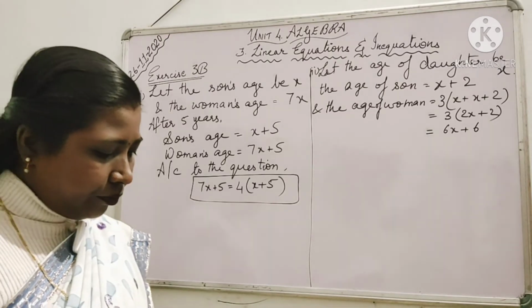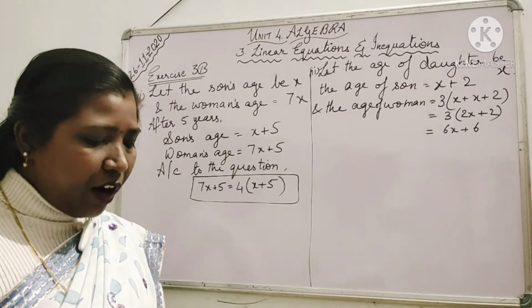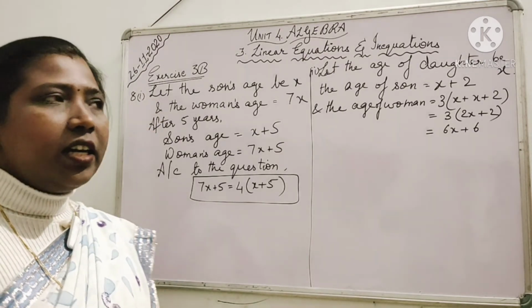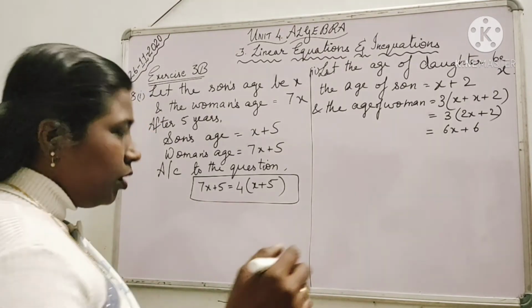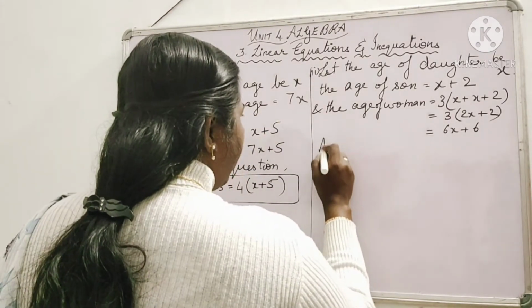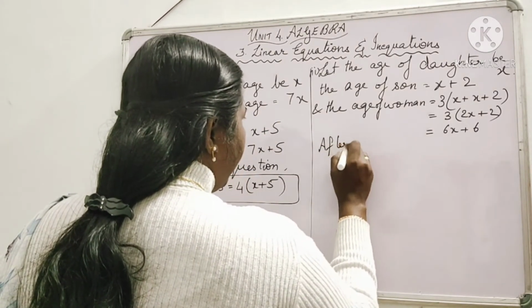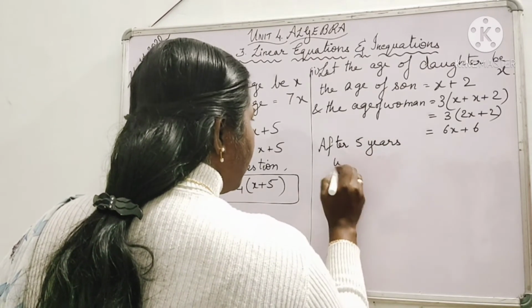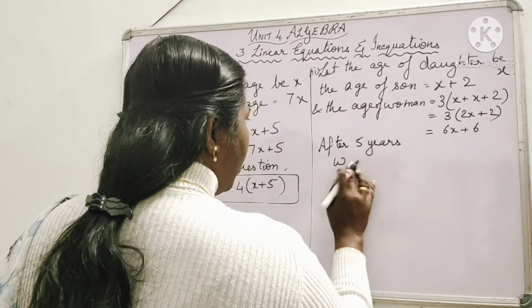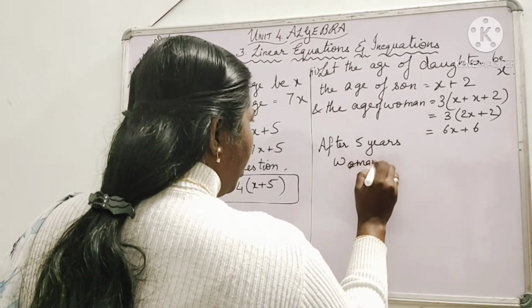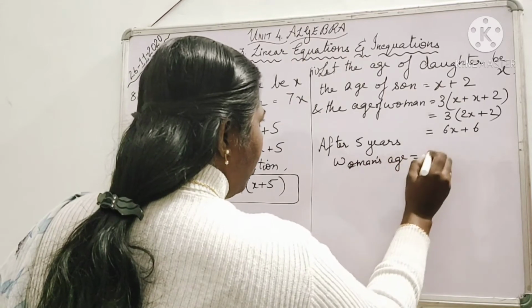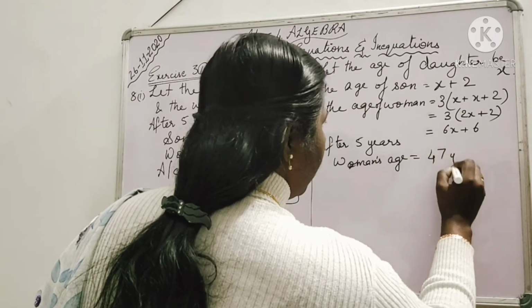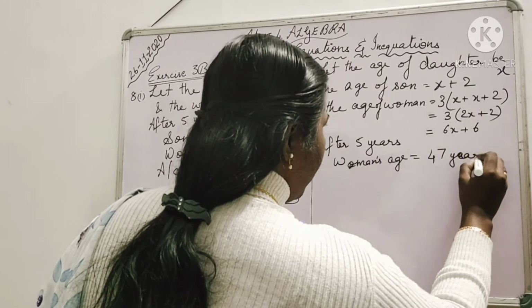Now what they are telling. After 5 years she will be 47 years old. So after 5 years, woman's age is equal to 47 years.